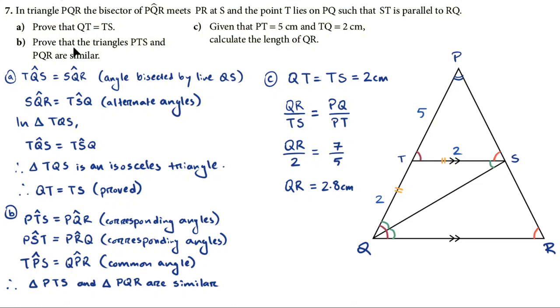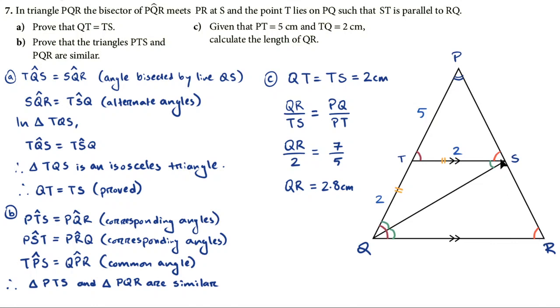Now we need to prove that the triangles PTS and PQR are similar. Let's have a look at the angle PTS. Angle PTS is equal to PQR, this whole angle PQR, because they are corresponding angles. Similarly, PST is equal to PRQ, this angle.